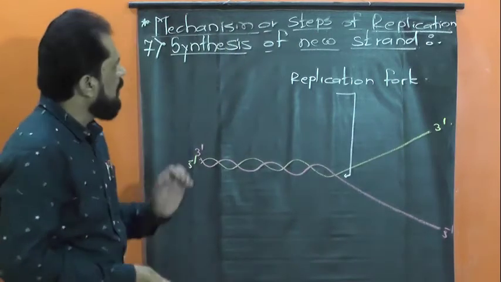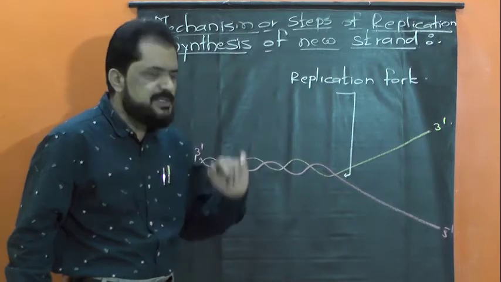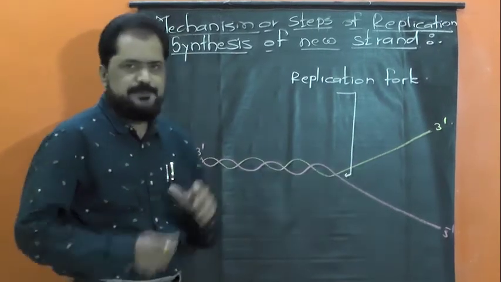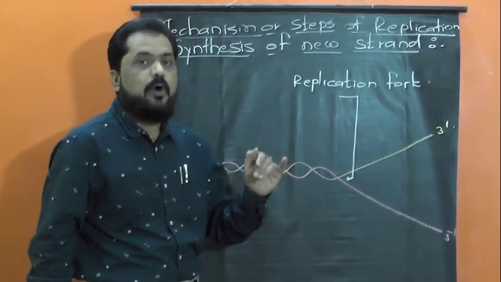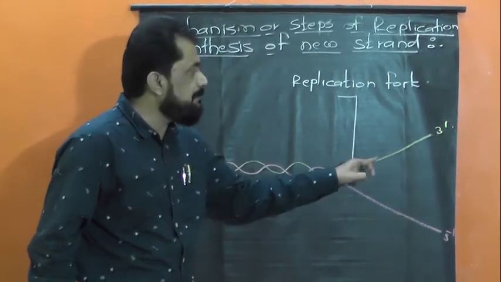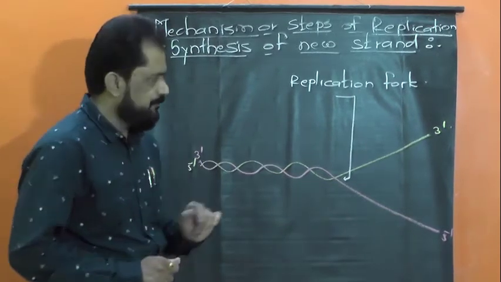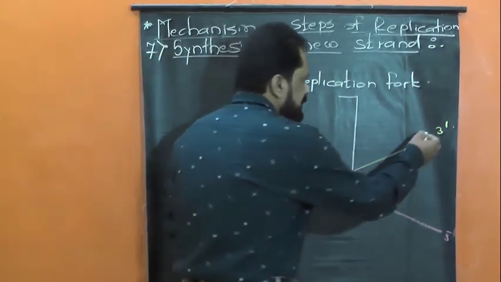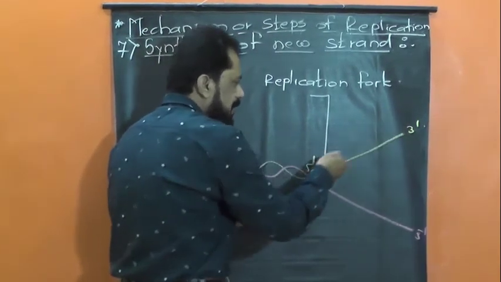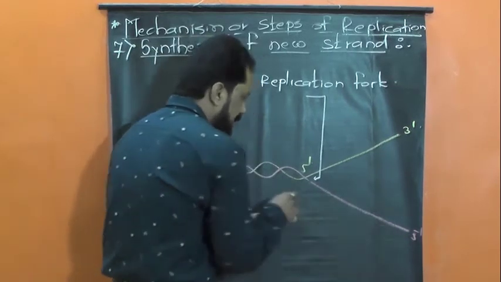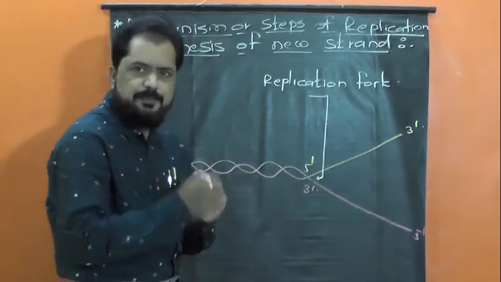Now, let us talk about the actual mechanism of synthesis of new strands on the old strands. The synthesis of new strand occurs on the template strands or mold strands. Try to understand. Here, this 3' to 5' is one DNA template, and this another 5' to 3' is another template.